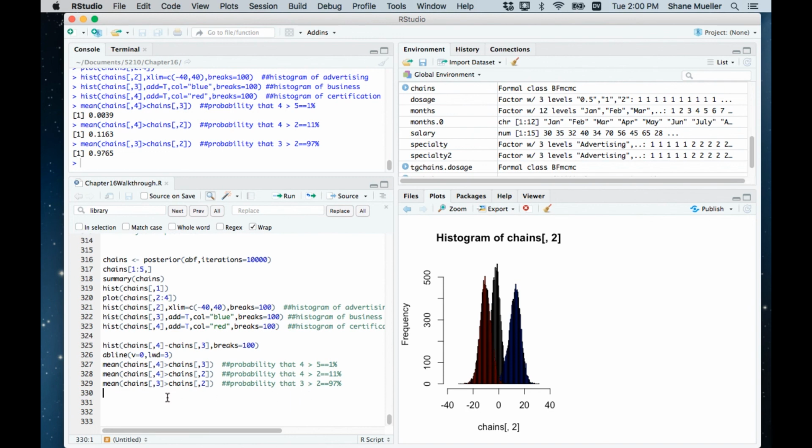And you can report these specific numbers, and that's sort of the end of the post hoc analysis. All right, so that is it for this chapter.